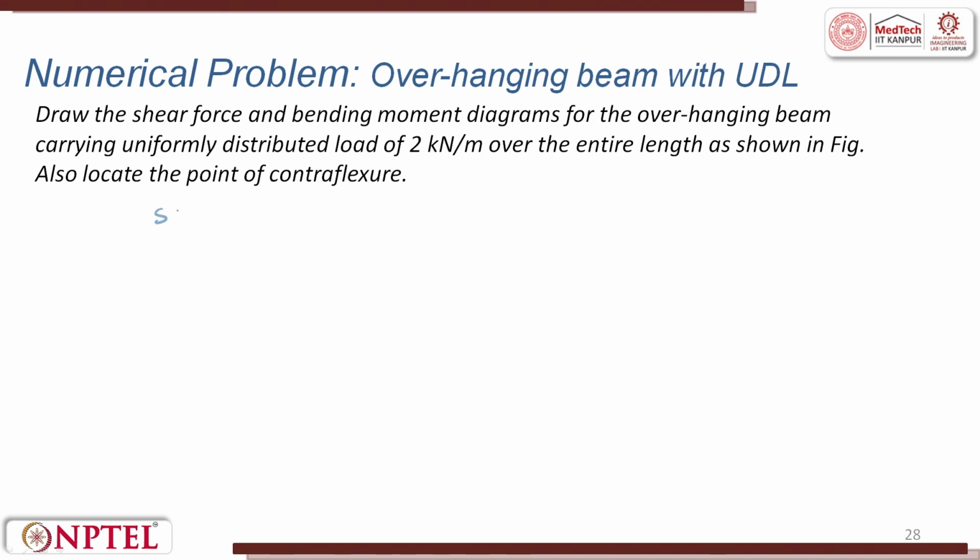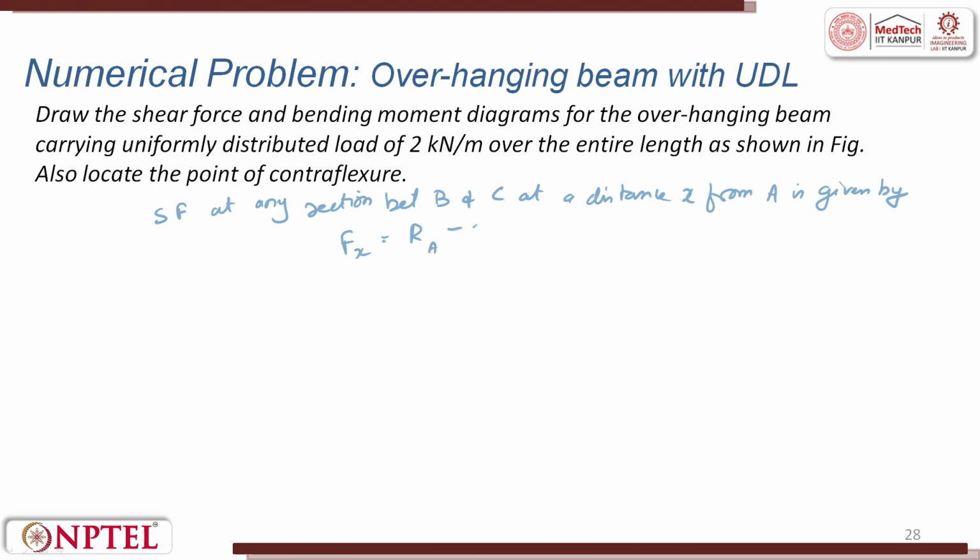So, now SF at any section between B and C at a distance x from A is given by Fx equal to RA minus 2 into 4 plus RB minus 2 into (x minus 4).